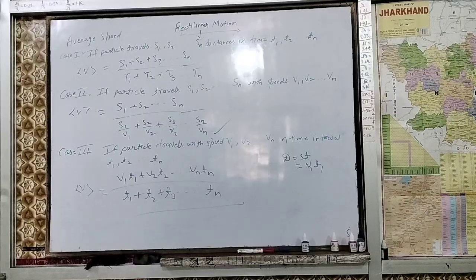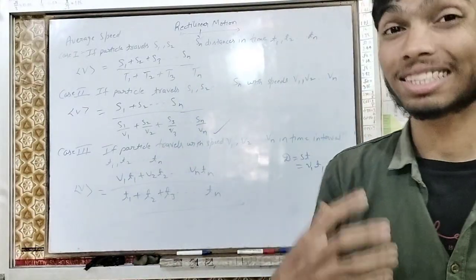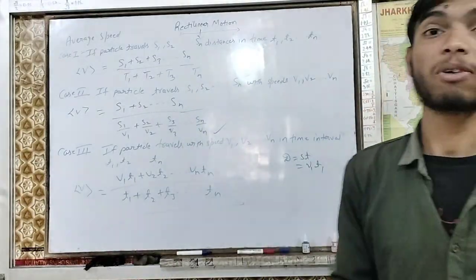Now let's go to the next thing, which is a derivation. Based on derivation, don't get confused between speed and velocity, average speed and average velocity, because most people will get confused.